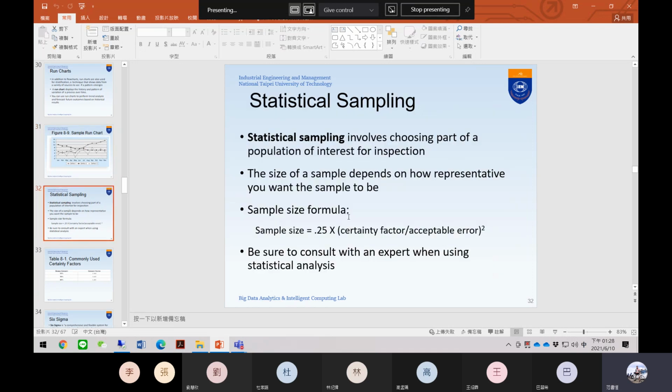And statistical sampling involves choosing part of a population of interest for inspection. Why do I need to do that?